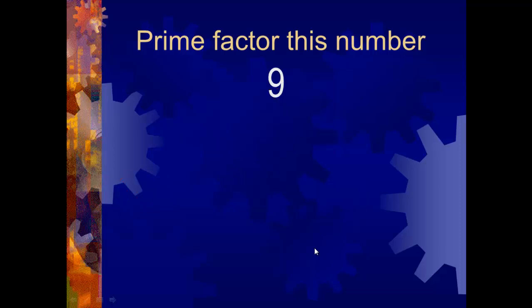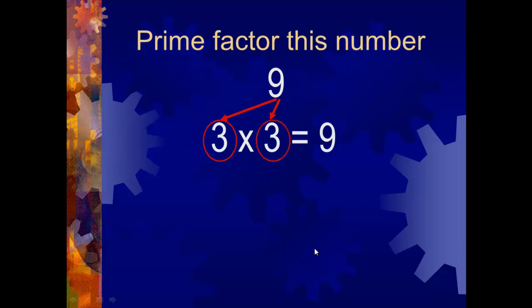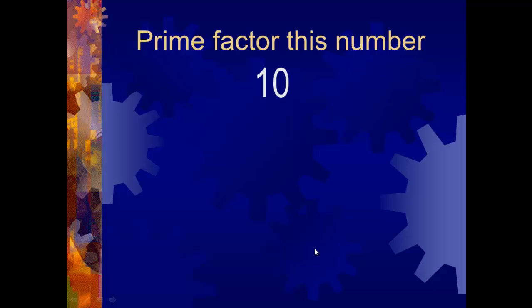Okay, 9. 9, 3 by 3. Okay, 10. 2 by 5. 2 is a prime and 5 also is a prime, equals 10.